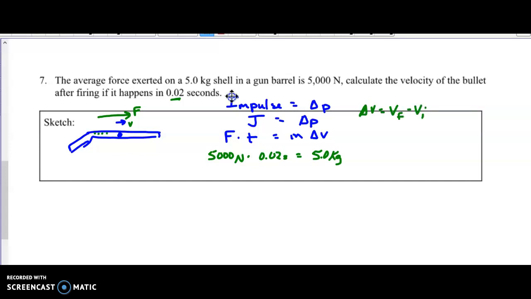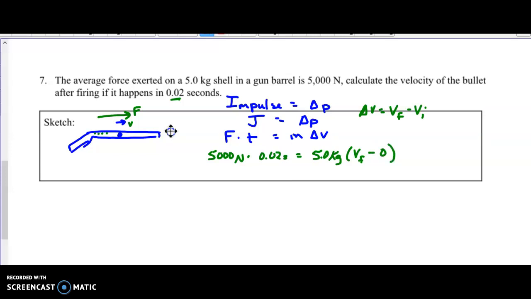When this shell is sitting in the gun before it is fired, it doesn't have any velocity. It's at rest. We want to know how fast it is going to be moving after this time. So my velocity final minus my initial is 0.